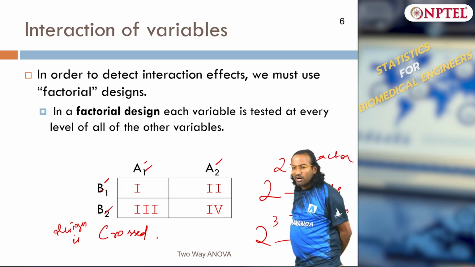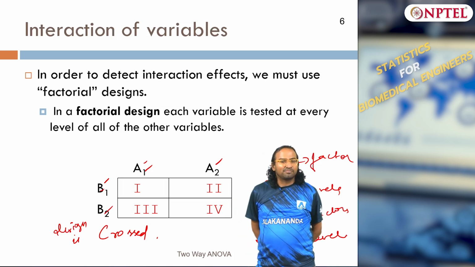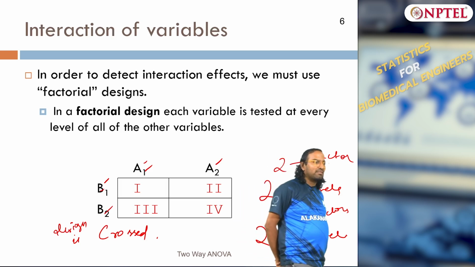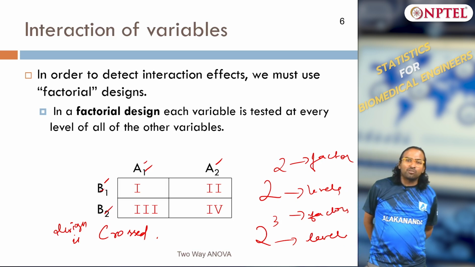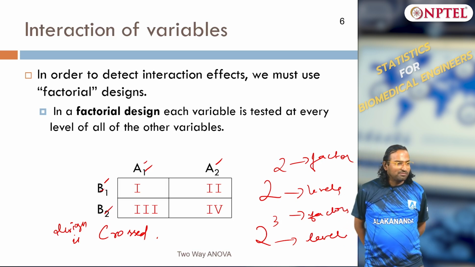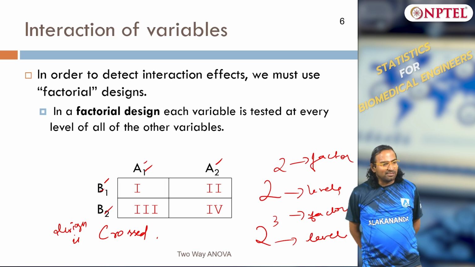Have you heard of this word called confounding? What does confounding mean? It is when you are not able to distinguish which factor caused the output, which factor influenced your output precisely, right.